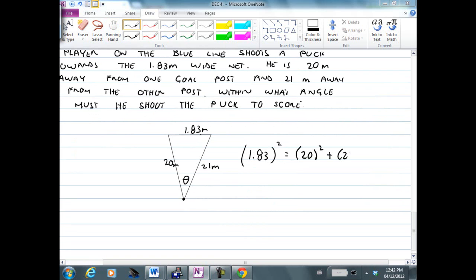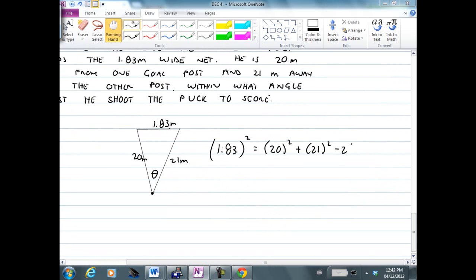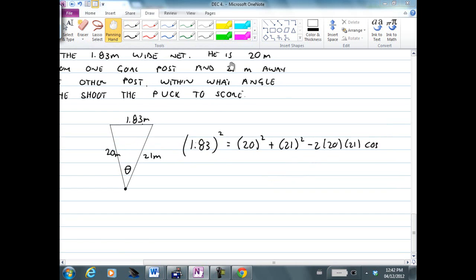21 squared minus 2 times 20 times 21 cos theta. Take a minute. I want you to find theta right now. I'm going to pause it again. If I did this correctly, you should have theta equals 4.3 degrees.